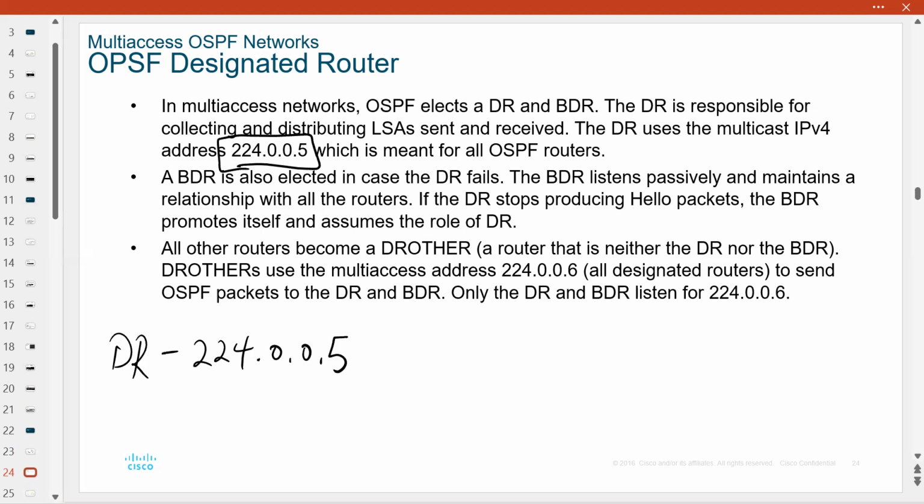After the designated router has received all the updates from other routers, it then sends a multicast to 224.0.0.5 to every router in the OSPF so that it receives the updates. There is another address here, 224.0.0.6. Right, let me put it this way. We have a network.